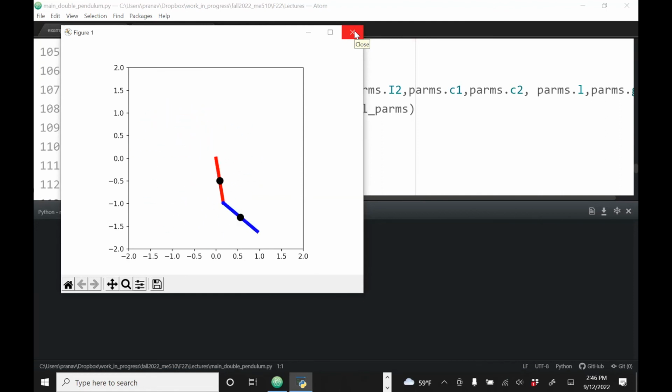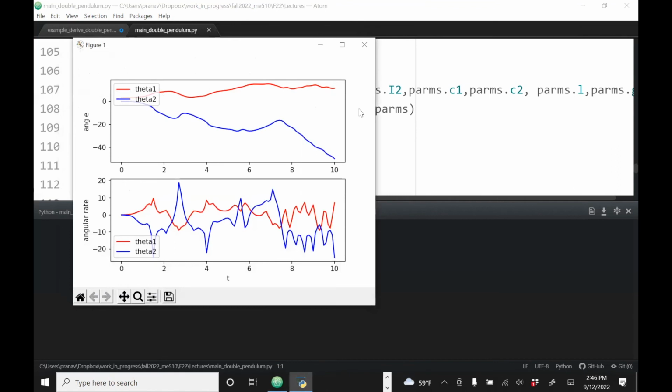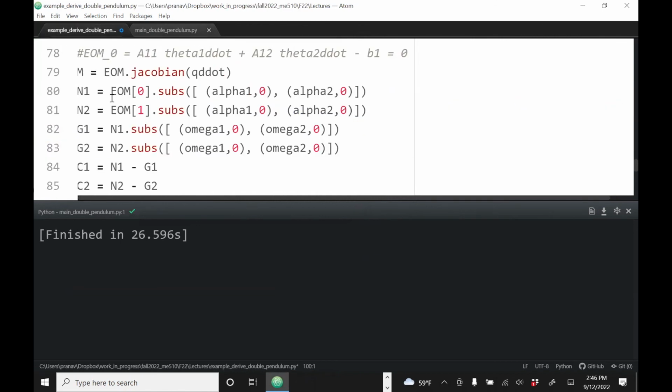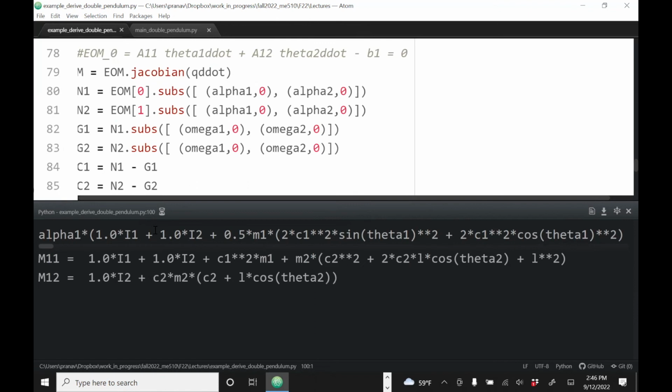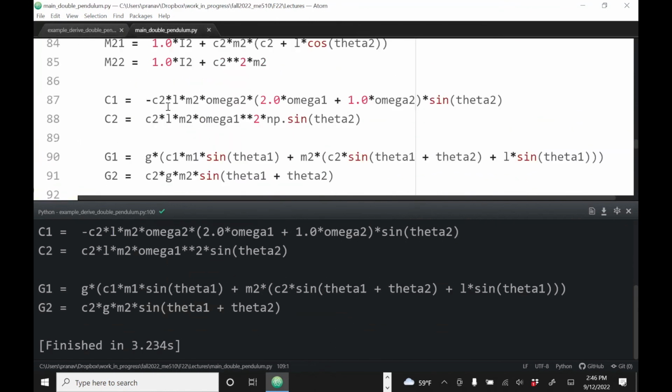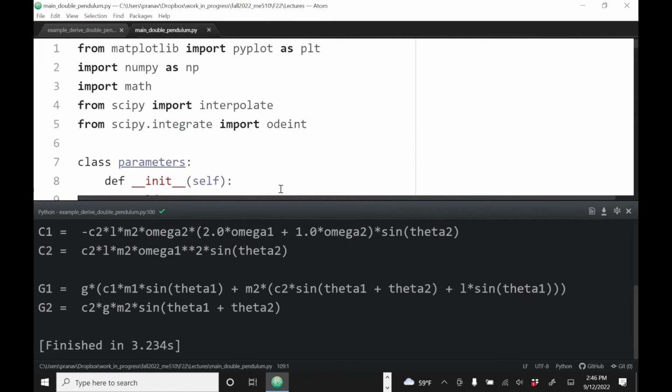That's a double pendulum, and it has C1 equals C2 equals half of the length, so it's right in the middle. I simulated for a few seconds. These are the plots of angle and angular rate versus time. As I said, this derivation gave me M1, M12, and so on. All I did was take it and paste it into the right-hand side.